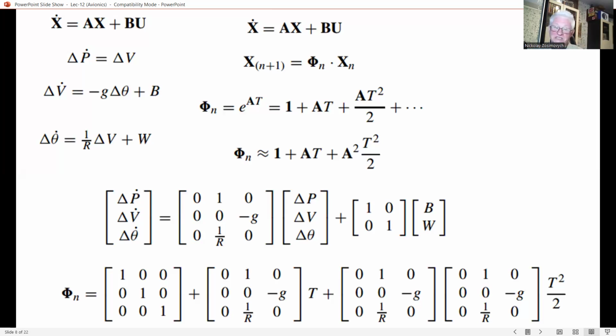So the relationship is given by this formula: X sub n plus 1 equals Fn times Xn.